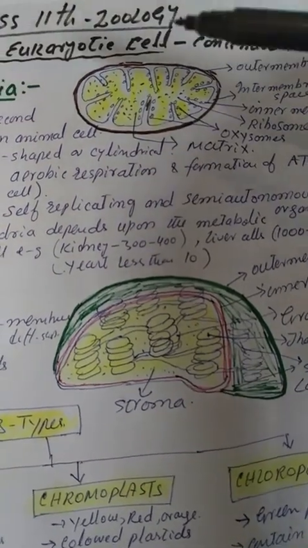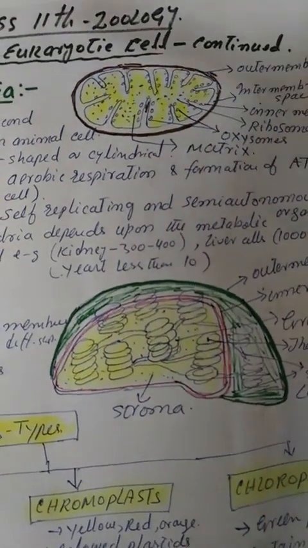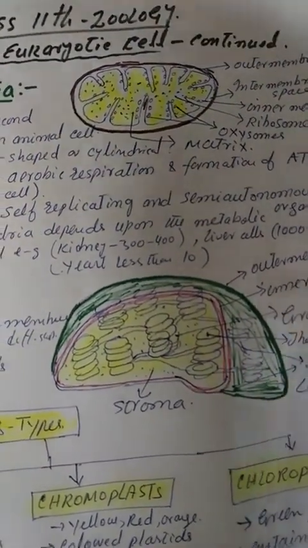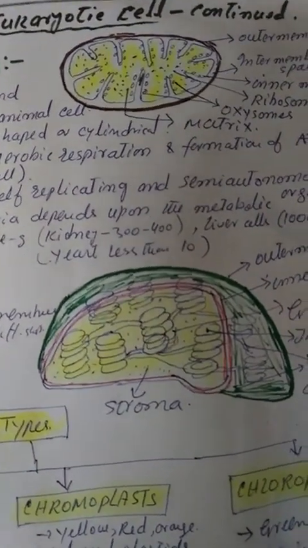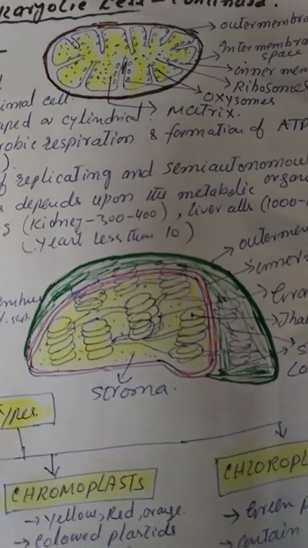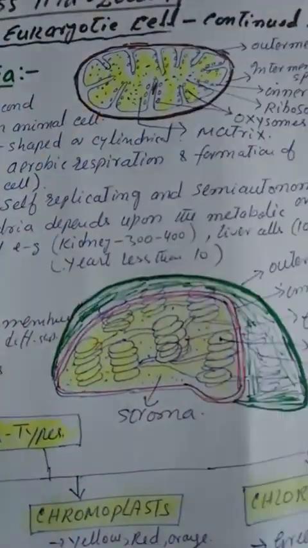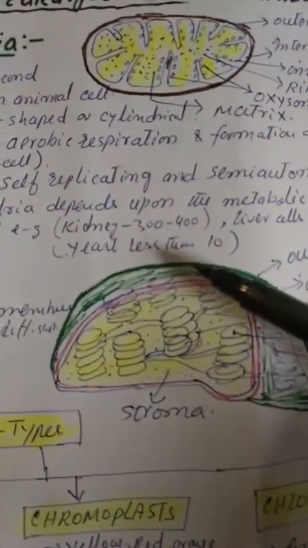The mitochondria are self-replicating and semi-autonomous organelles, and the number of mitochondria in a cell depends upon the metabolic activity of that cell. For example, in the cells of kidneys, their number ranges from 300 to 400.